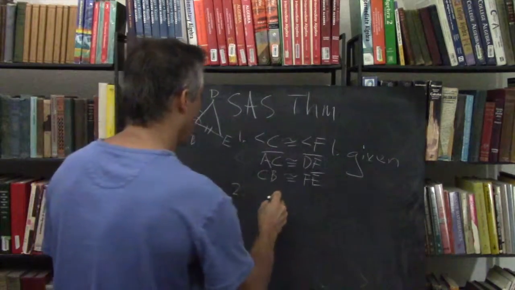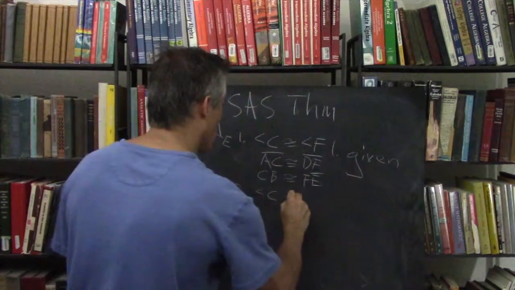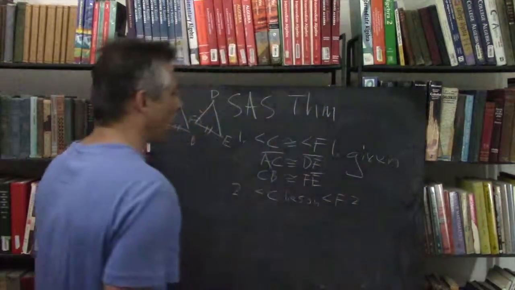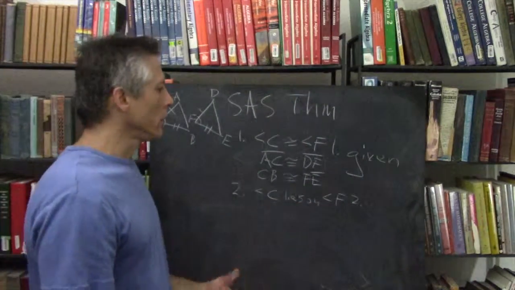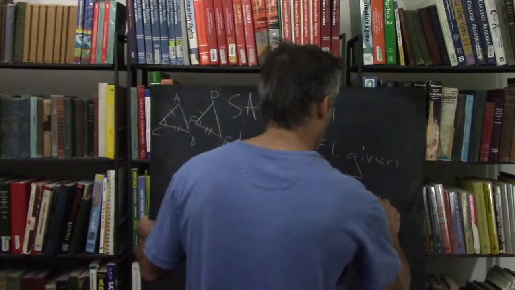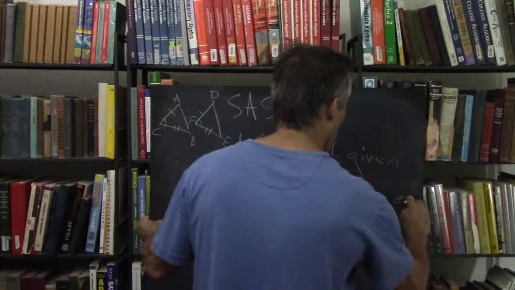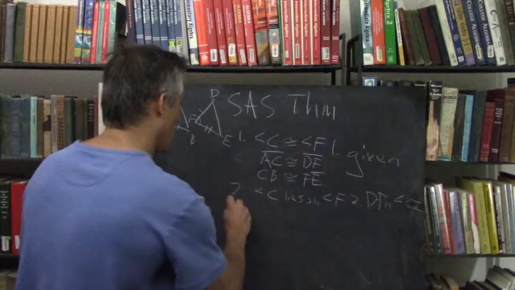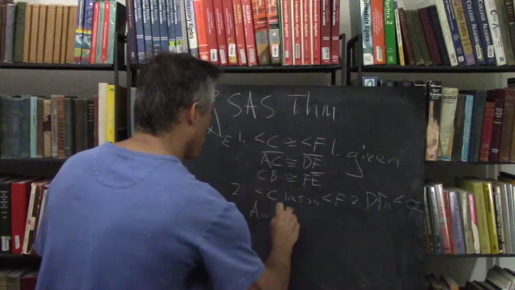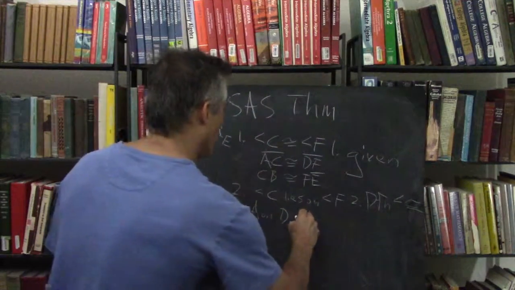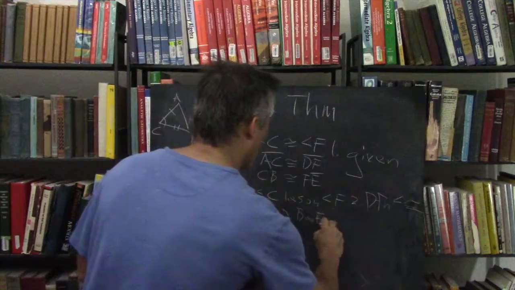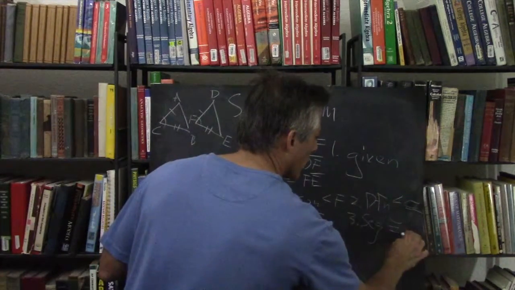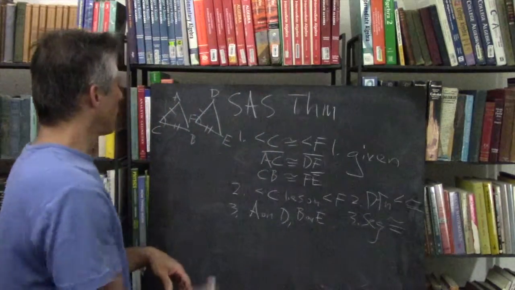So angle C lies on angle F, definition, angle congruence. And then A lies on D. And that's definition of segment congruence.